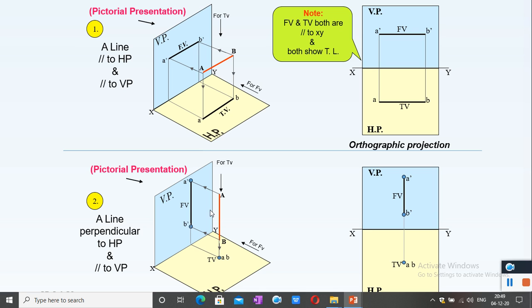And if the line is at a distance 30 millimeter in front of VP, we can mark ab at a distance of 30 millimeter away from XY line. Here also, the front view gives the true length of the line. Front view is a vertical line showing true length and top view is a point.